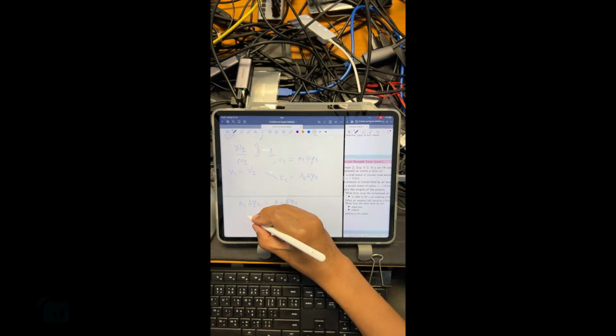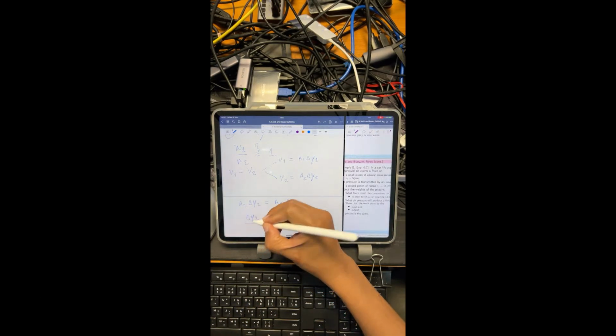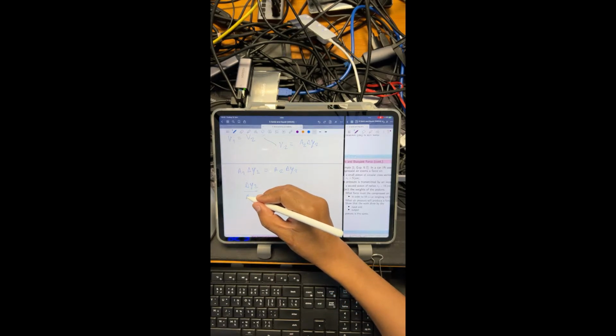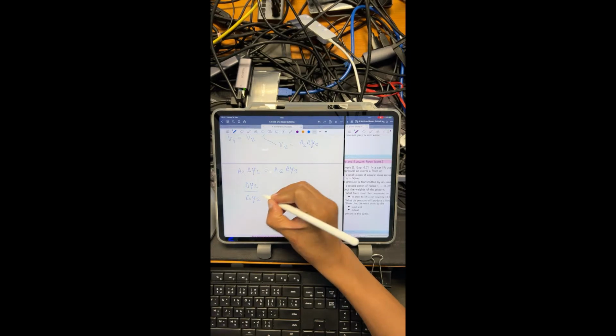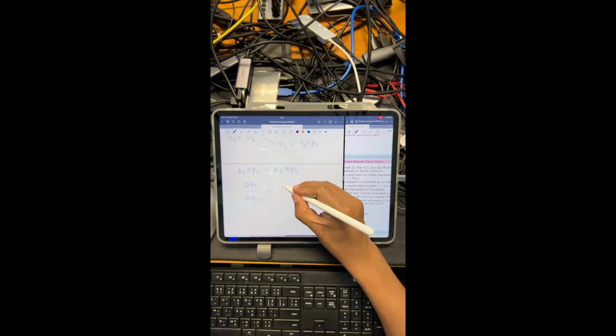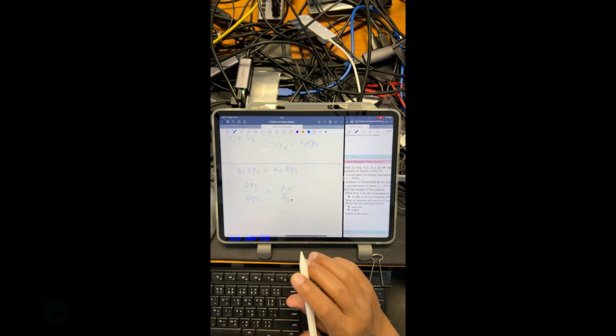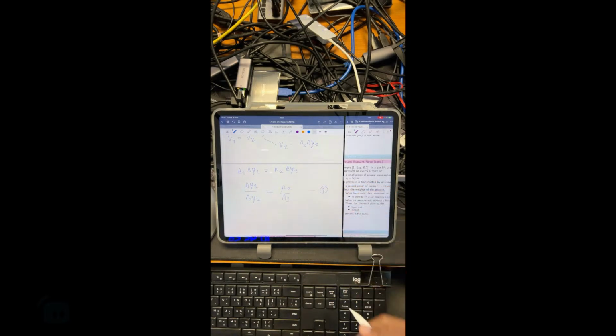So we have delta Y1 by delta Y2 equals A2 by A1. Okay, please note that it's in the opposite direction. Number one stays at the numerator here, but number one on the right side stays at the denominator. Okay, and that's the first equation. Let's keep it.